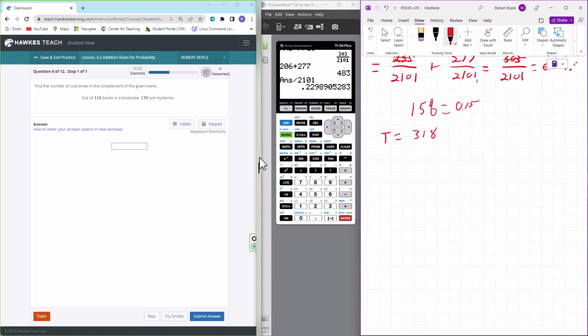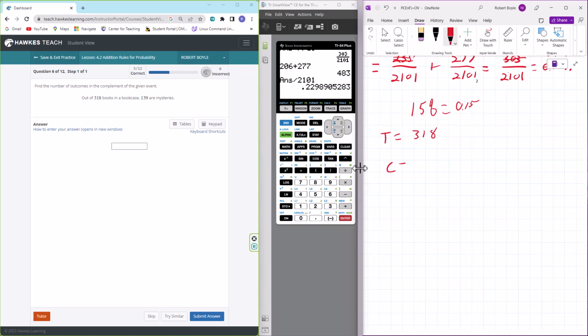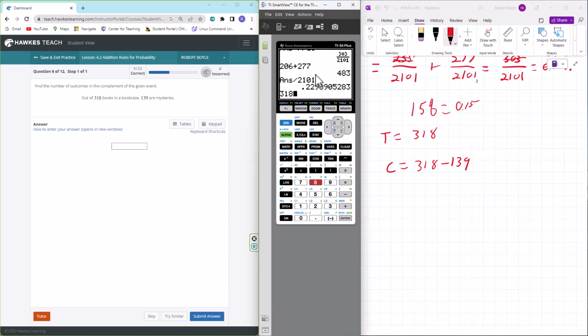So the complement of that is all the other books that are not mysteries. So the size of the complement is going to be equal to 318 minus 139. That's all they're looking for. And that should give us 179.